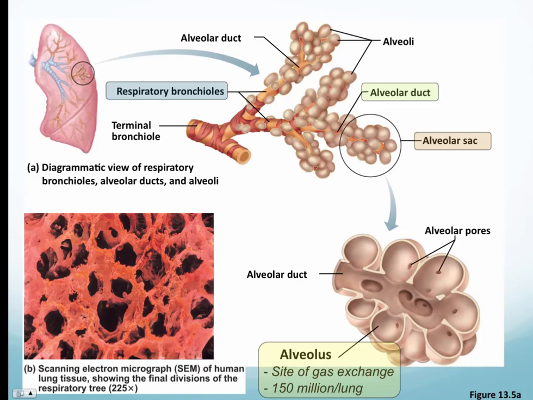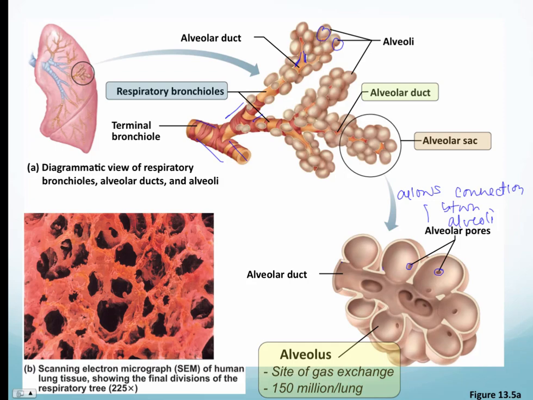Here's a closer look at that. So we have this terminal bronchiole leading to our alveoli. And if you take a cross section of our alveoli, we can notice that they're connected to each other, and that's done by these alveolar pores. So alveolar pores allow connection between alveoli.